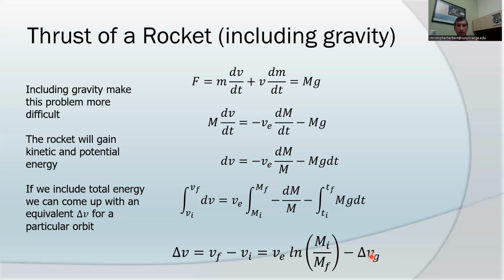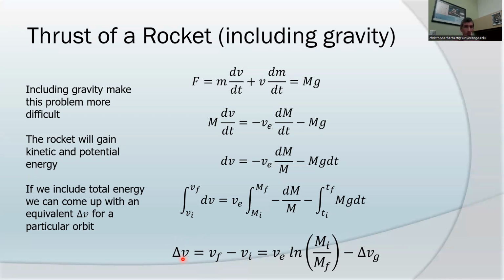However, what we typically want to do is take this term right here, which really depends on the kinetic energy, and this term right here, which is sort of an effective delta V. It's the delta V that we lose due to the gravitational force, or due to the fact that we're turning energy into potential energy. And generally, I'll come up with some delta V that just represents the delta V I need to get to a particular orbit.